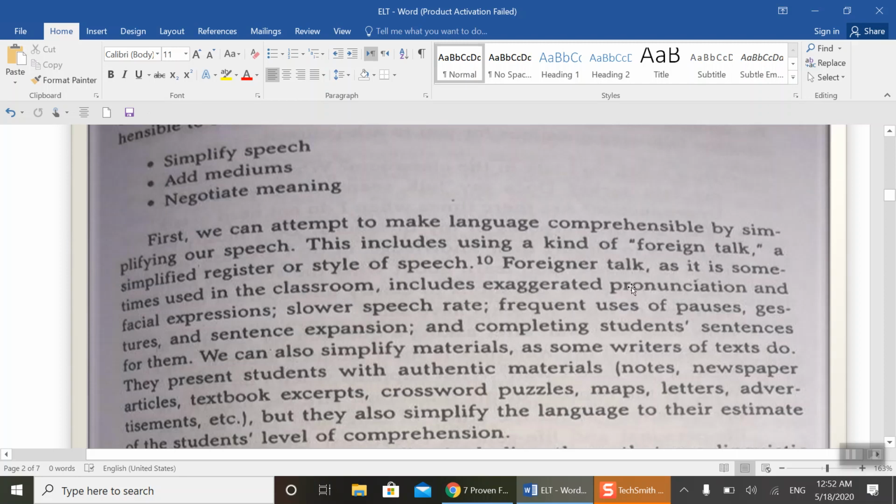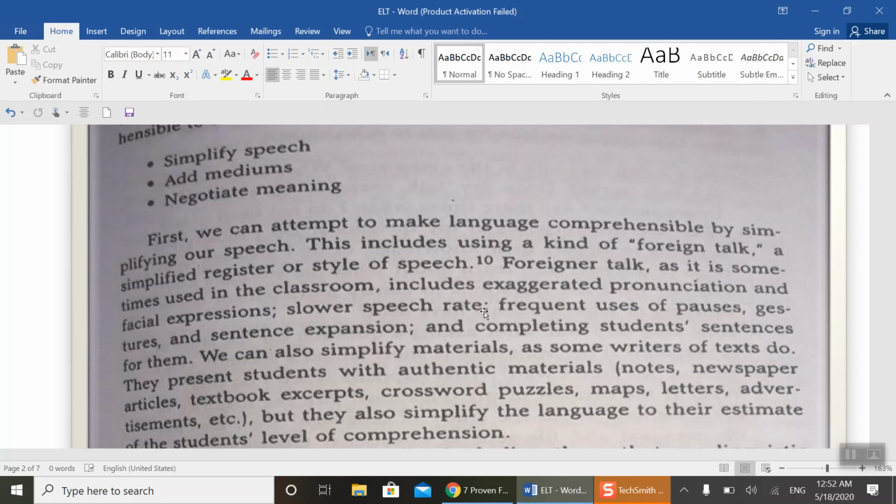Foreigner talk, as it is sometimes used in the classroom, includes exaggerated pronunciation and facial expressions, slower speech rate, frequent uses of pauses, gestures, and sentence expansions. You see, all of them.